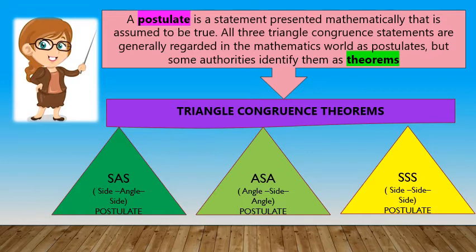The postulate is accepted or assumed to be true without proof. But if we are going to prove side angle side, ASA and SSS, then they are called theorems, because a theorem is assumed to be true, but we need to prove it. So now let's go on.